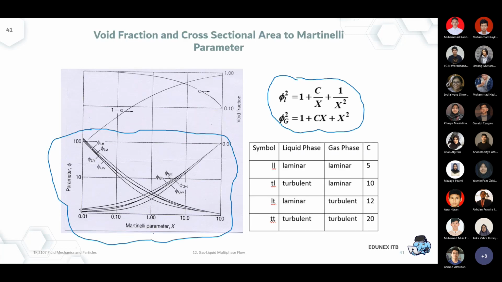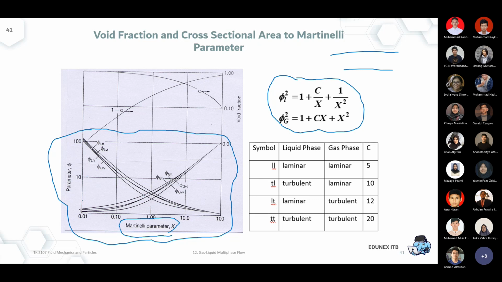This is the Lockhart-Martinelli parameter, the x, and then you just have to follow which line would be the best one to represent your pipeline. Over here we have 4 symbols.